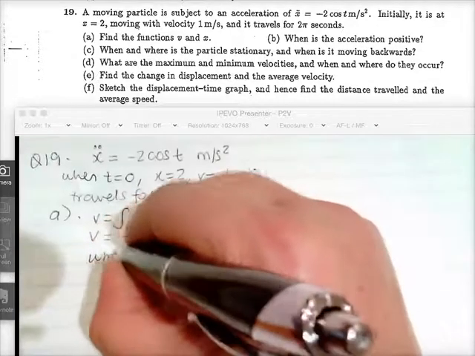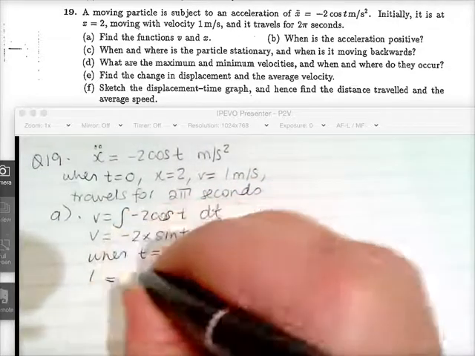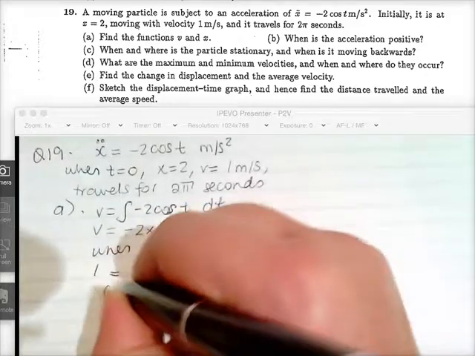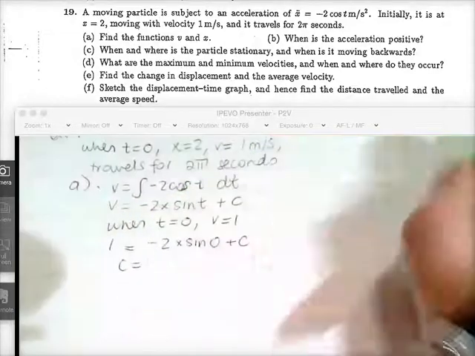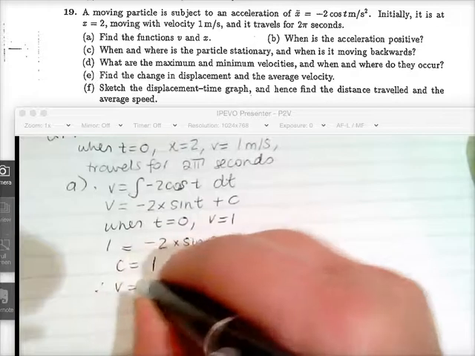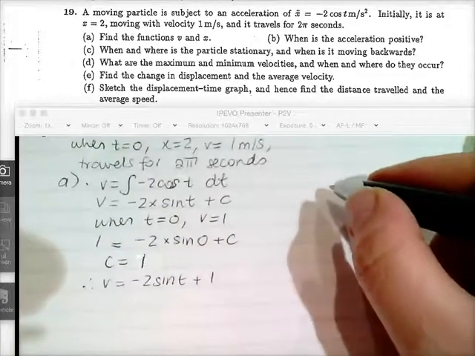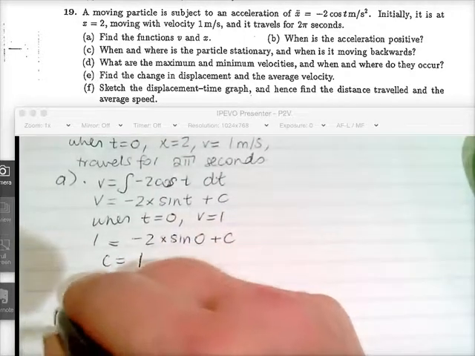We also know that when time is 0, the velocity is 1. So therefore 1 equals negative 2 times sine 0 plus c. So therefore c is, sorry, not 0, c is 1, because sine 0 is 0. So therefore v equals negative 2 sine t plus 1. Now that's the function for velocity.